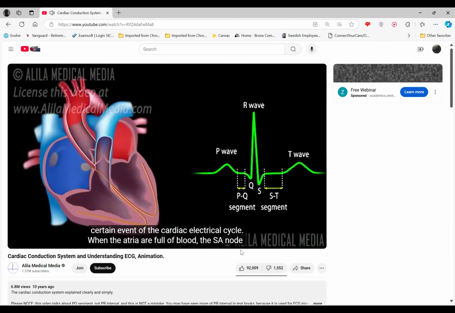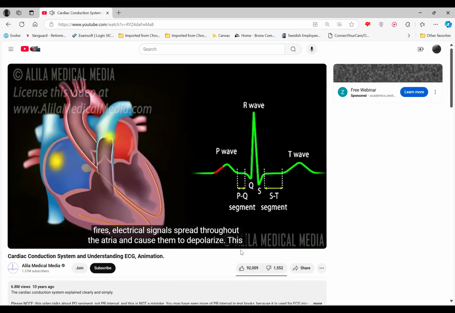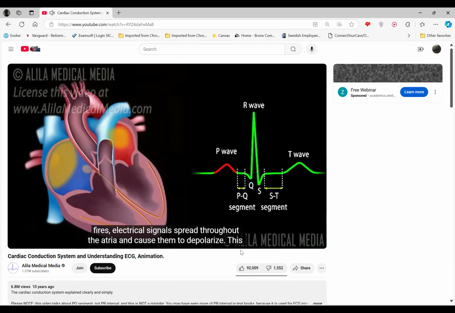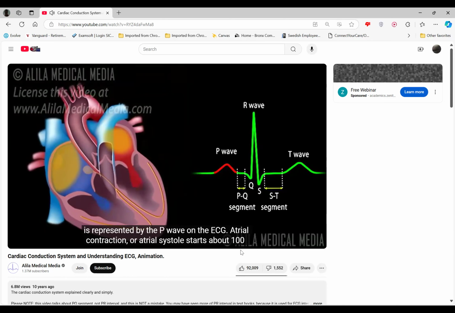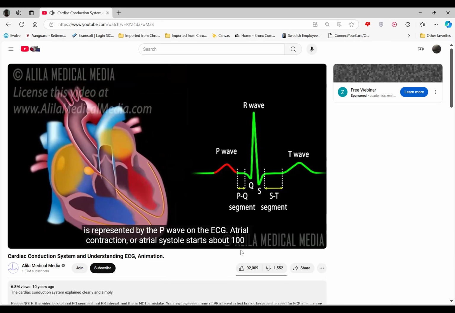When the atria are full of blood, the SA node fires, electrical signals spread throughout the atria and cause them to depolarize. This is represented by the P wave on the ECG. Atrial contraction or atrial systole starts about 100 milliseconds after the P wave begins.